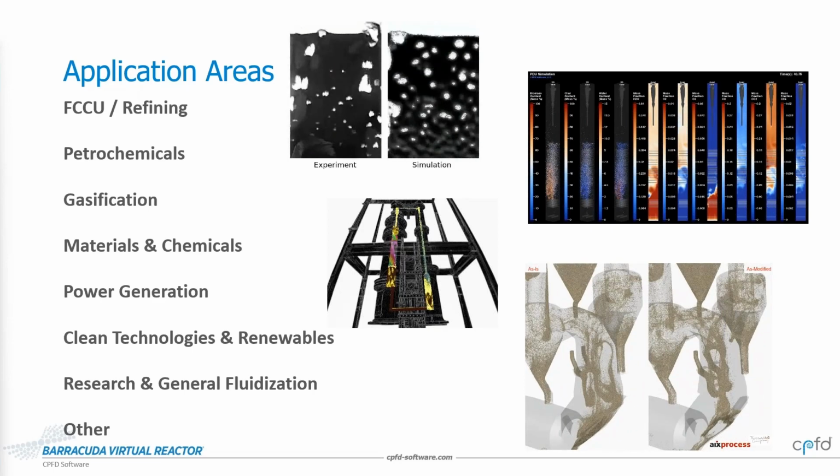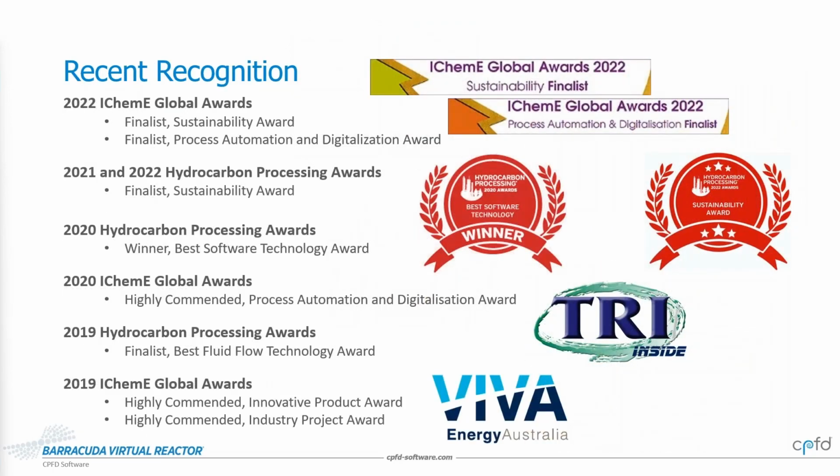We've been honored with a lot of recent recognition. I'm not going to go through all these, but if you look at the bottom first, in 2019, the IChemE Global Awards recognized, highly commended a project we did with Viva Energy Australia in the refining space. In 2020, it was a different project.